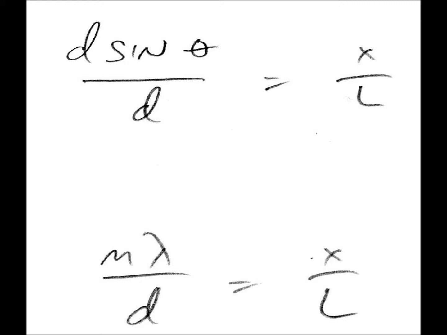If you want to talk about destructive interference instead, the relationship would just be (m + 1/2) lambda over d equal to x over L.